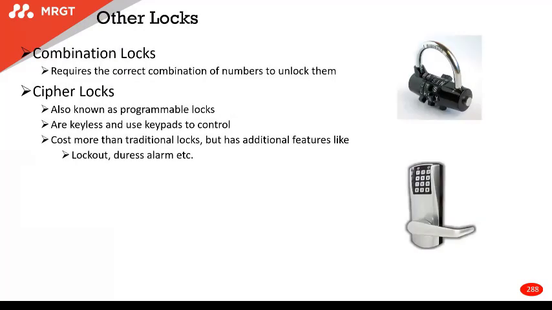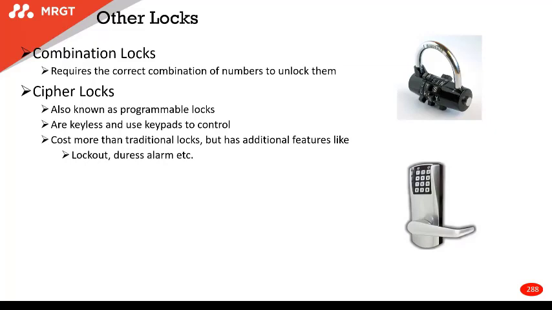All right, combination lock. Combination lock, as the name says, has a combination on it, with spinning wheels which let you rotate the keys on the lock, and then you have to set the pattern in it.